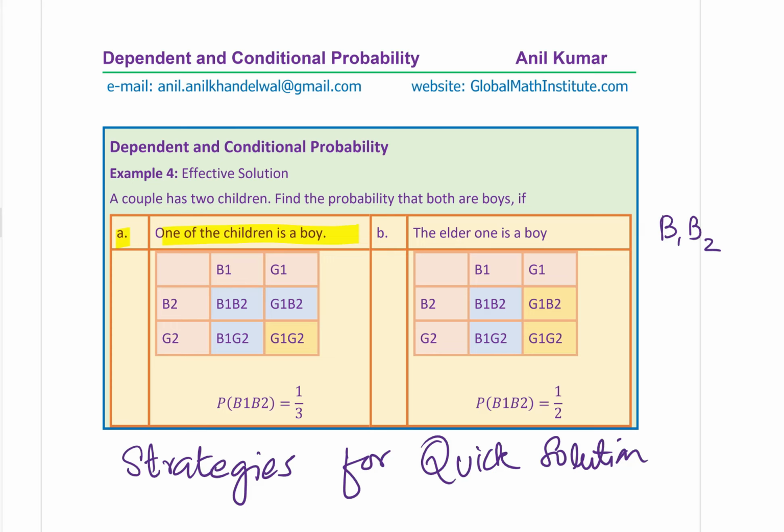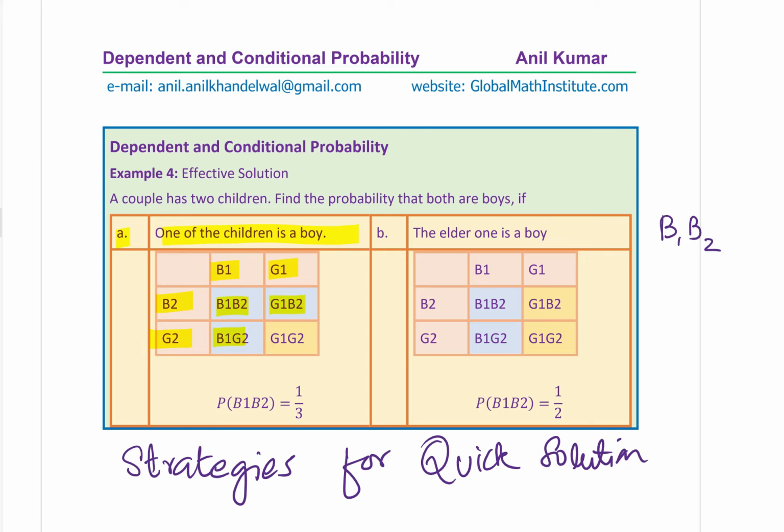Okay. Now, what we could do here is arrange the data in tabular form, like a matrix. So let's say B1 is the first boy and G1 is the first girl. Initially, there is a possibility of having a boy or a girl. The second time also, there is a possibility of having a boy or a girl. Their combinations are given here in the table, right?